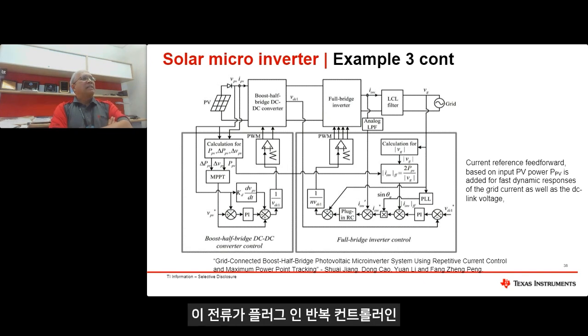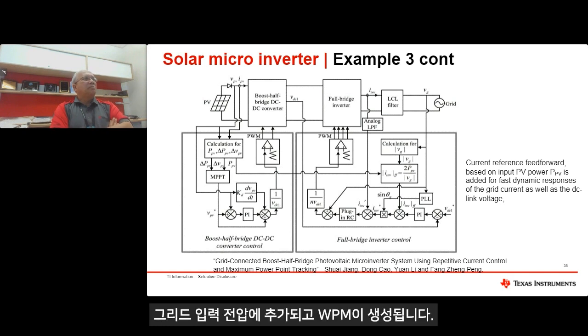That current error is fed into the plug-in repetitive controller, the RC, and finally the output of the repetitive controller is added to the grid input voltage, and PWM is generated.